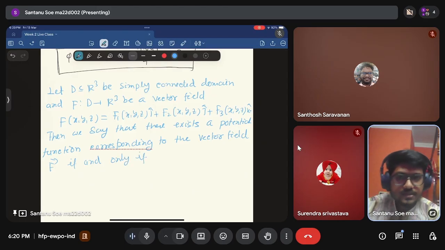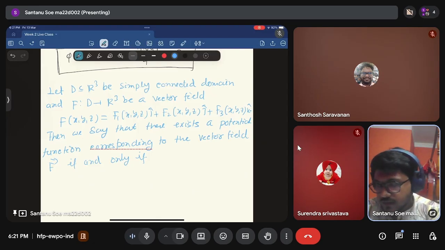So anyone, any guess what it can be? What is the condition such that, given a vector field, its potential function always exists? I mean that scalar function phi such that f equals gradient of phi.